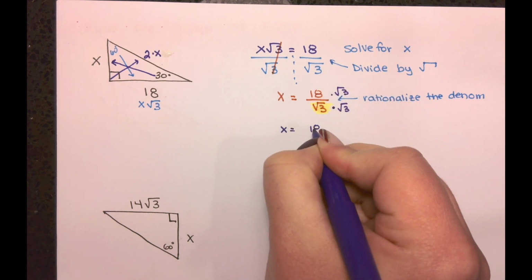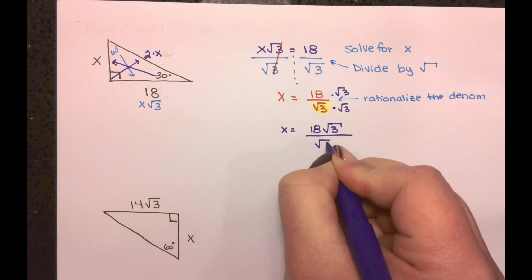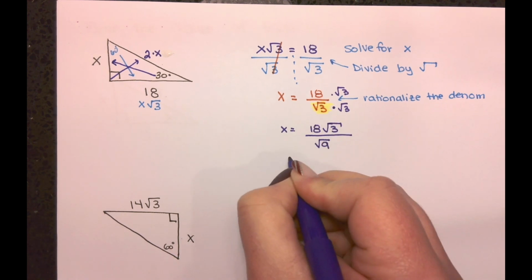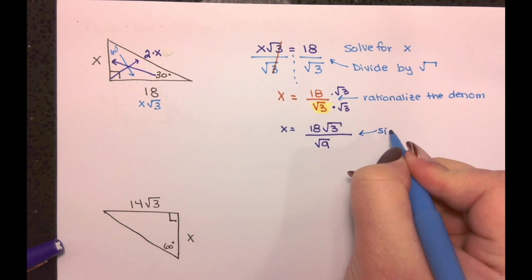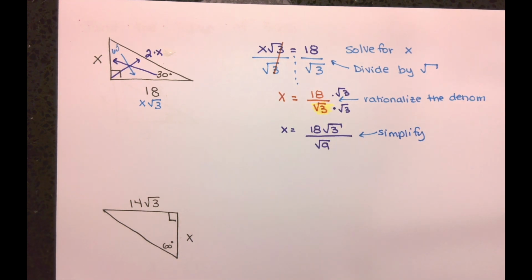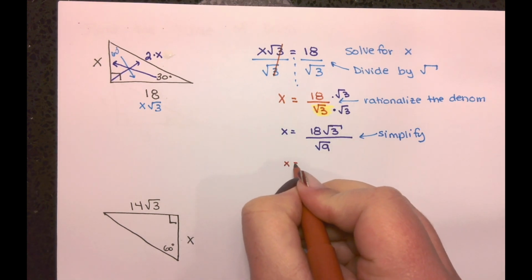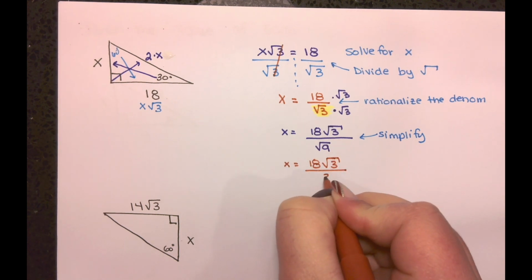You get 18 root 3 divided by 3 times 3 is 9. Keep simplifying. So you have X is equal to 18 root 3 divided by 3.